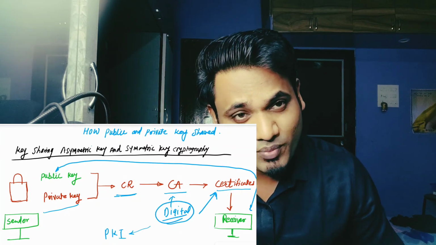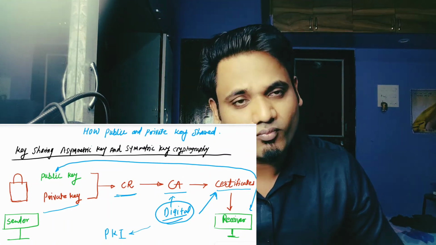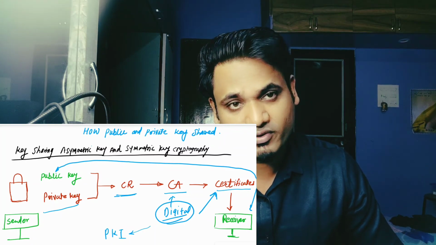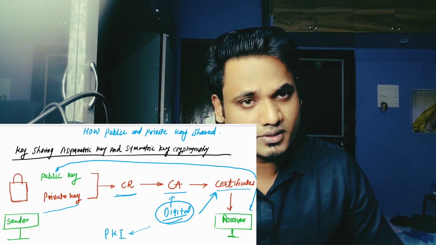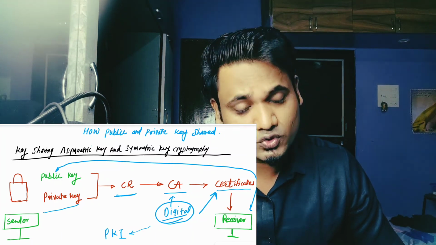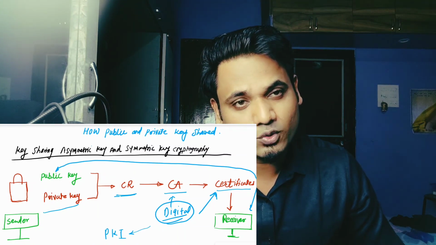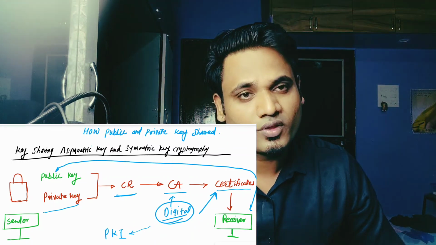So we can use this PKI environment for public key cryptography, but in symmetric key cryptography we know that only the same key is used to decrypt the encrypted message. That same key can also be delivered via this public key infrastructure.